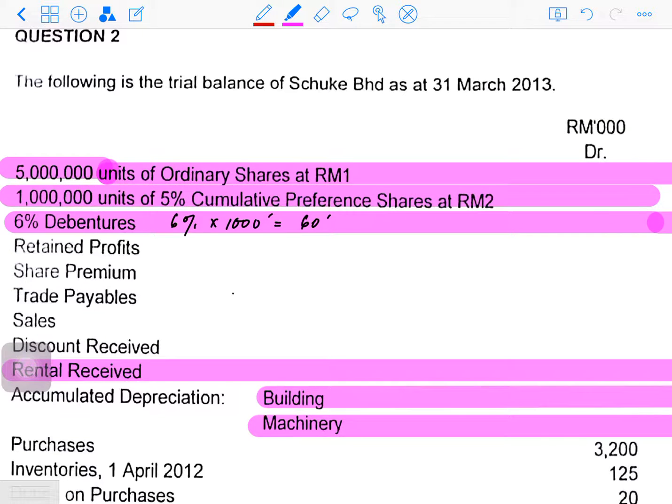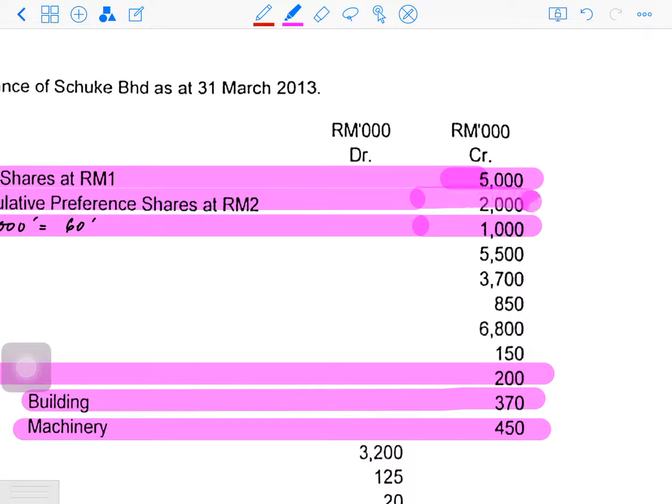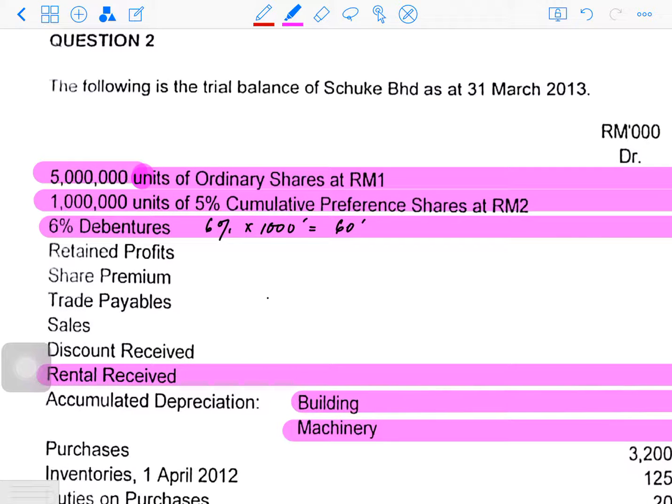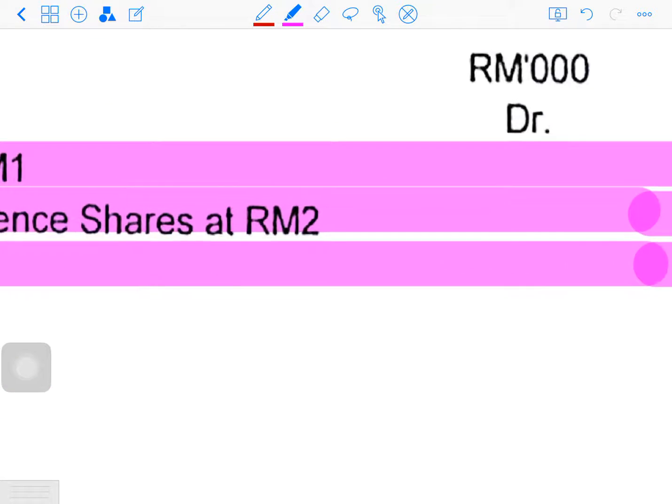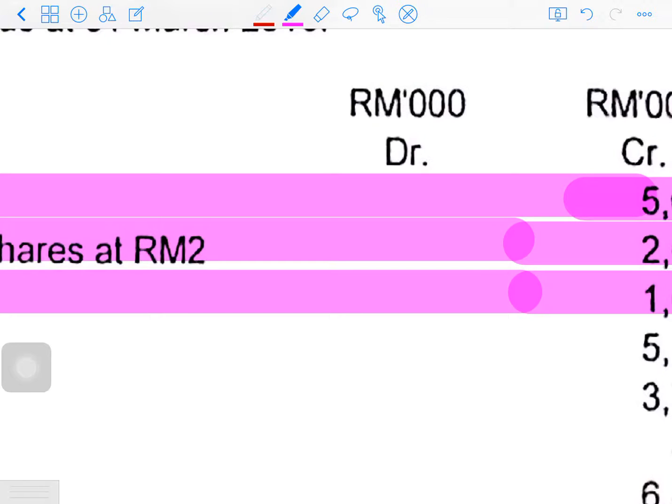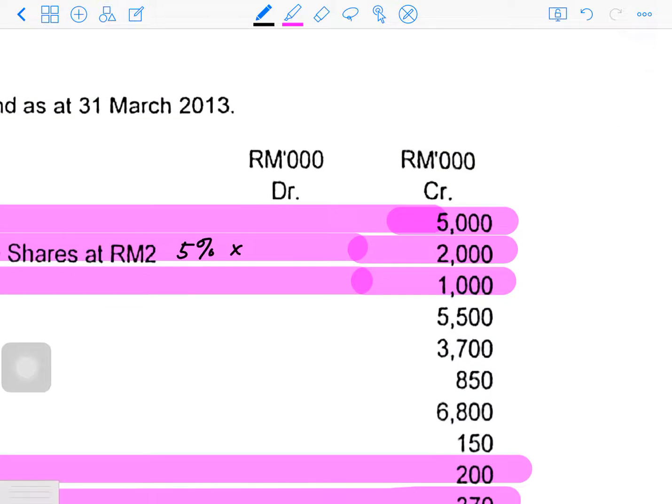Preference share 5% times 2 million gives you 100,000 per year.